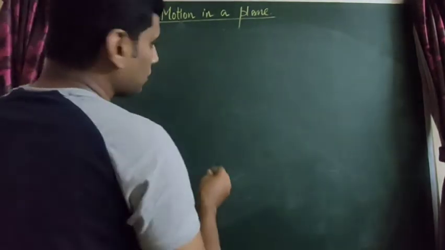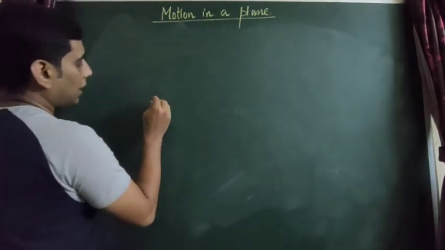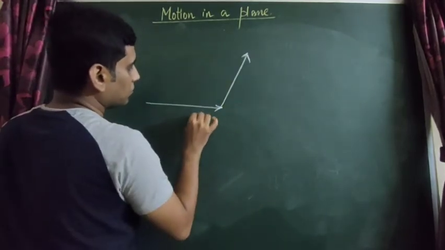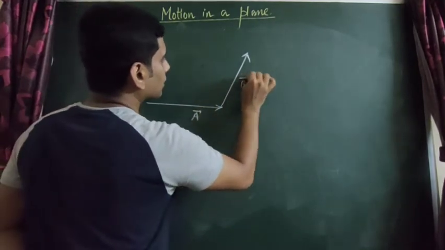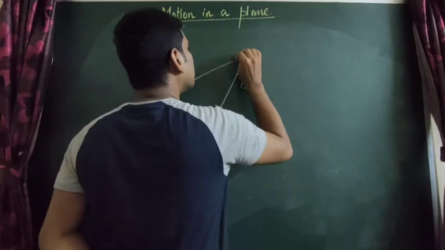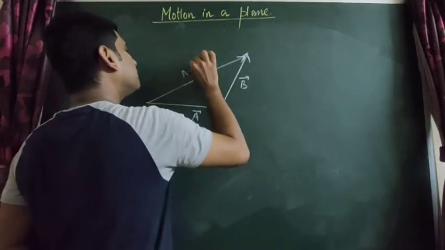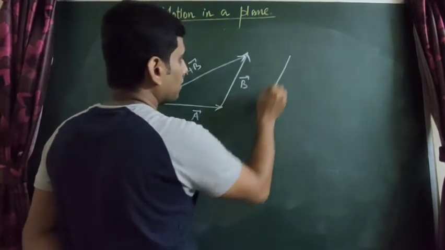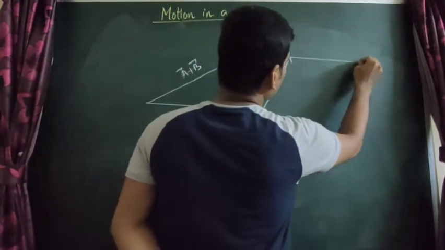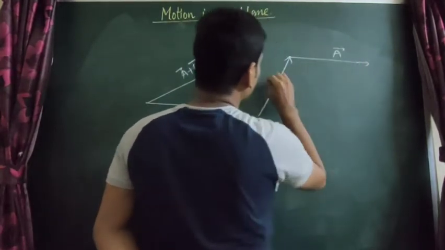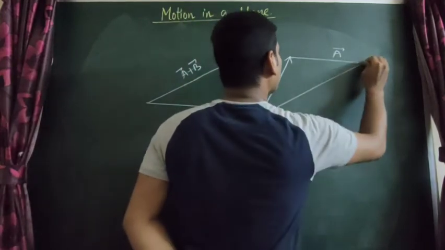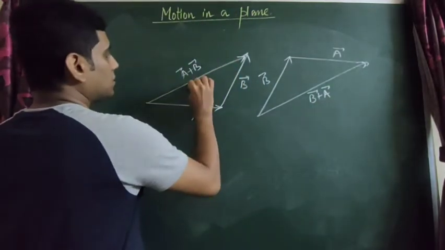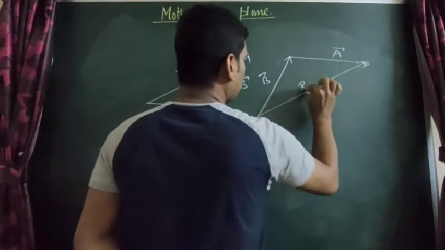Now, my dear students, as I was showing you, this is A and this is B, and you get this as A plus B. Similarly, if you add B and then A, see what you get, B plus A. Now suppose this is R and this is R prime.